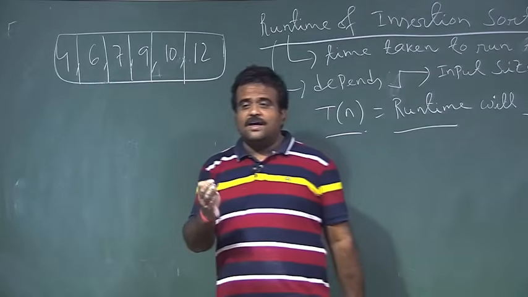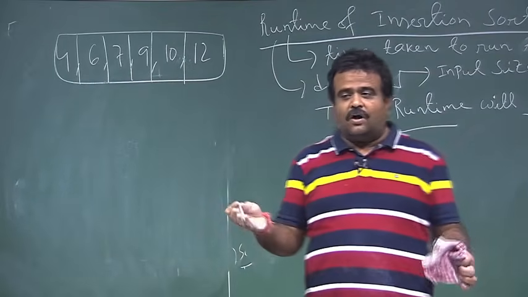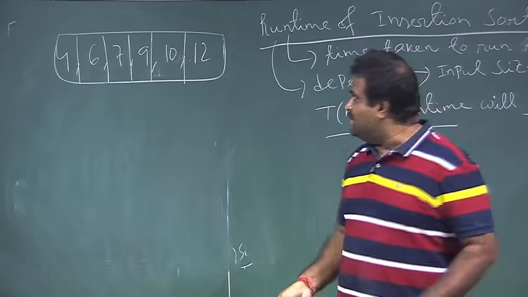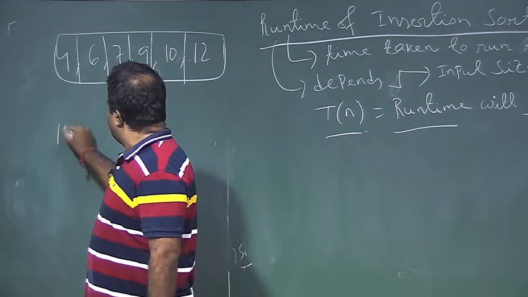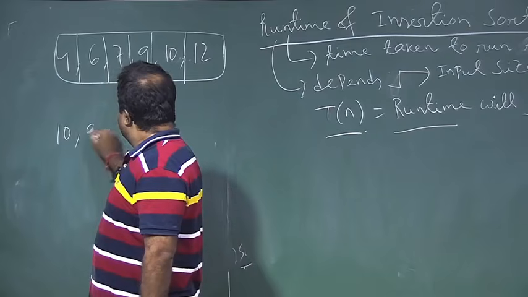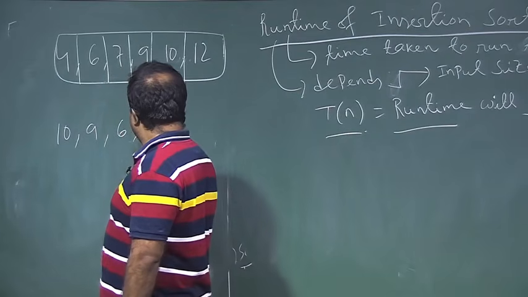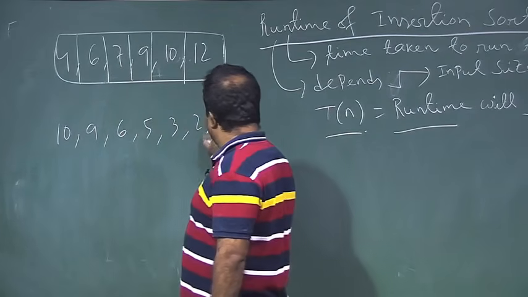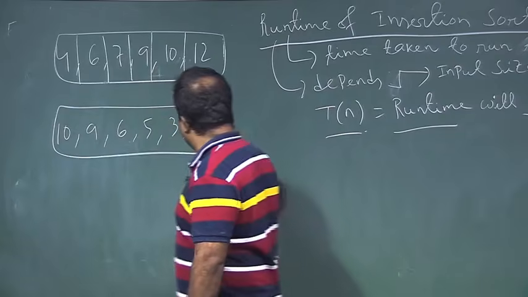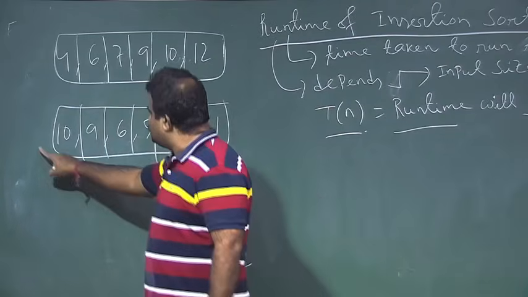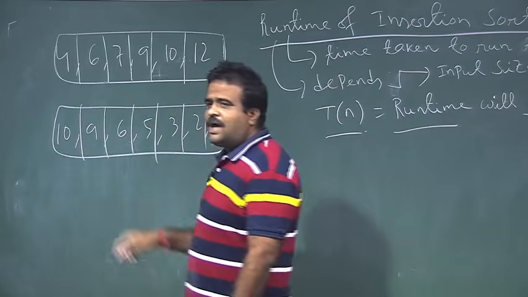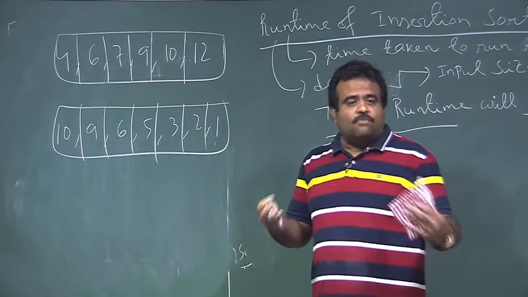So, this is easier to sort. This will take less time than if the input is reverse sorted. Say if we have this input 9, 6, 5, 3, 2, 1, reverse sorted. If the input is this, then everybody has to come forward, so the time will take more.